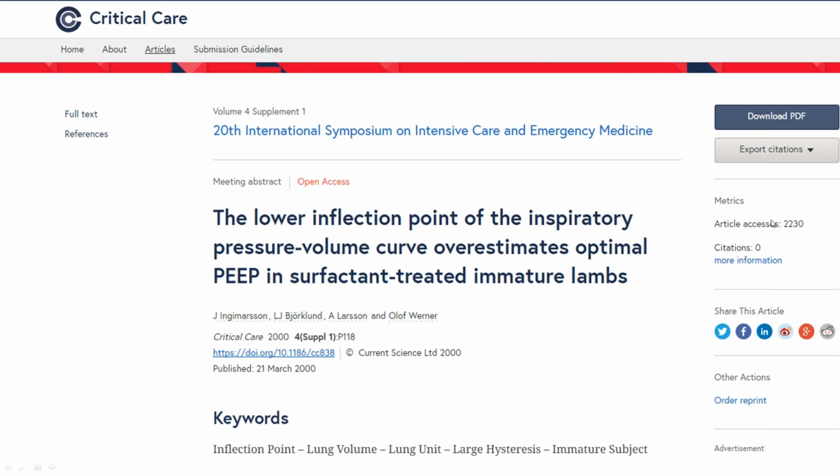And I didn't see much literature on this, but there was a study in Critical Care this year, in 11 lambs, where he actually looked at the distension of their lungs after using a lower and upper inflection point strategy versus just using zero PEEP.